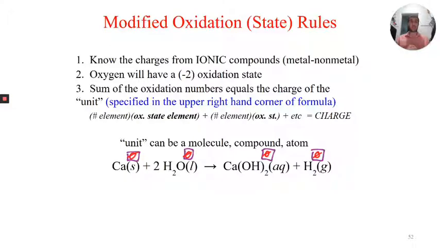But we can use that information based off of our formula here to determine the oxidation state for each of the atoms found within that individual compound. And that's what these rules are there for. You're just applying these rules to determine those oxidation states. Because once you have those oxidation states, you can now see that the oxidation states have changed, and we now see that there's a transfer of electrons.